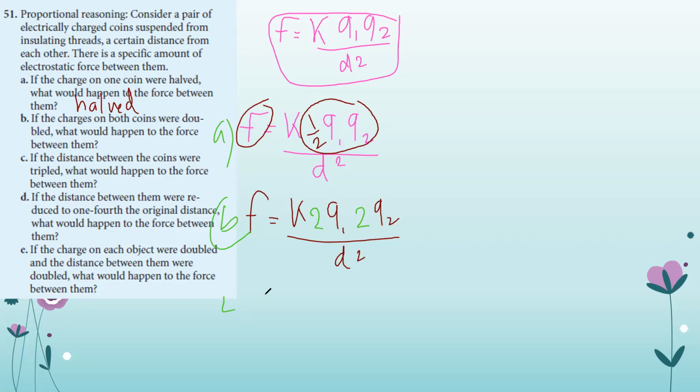It will be doubled also? It will be 4F. Yes, it will be quadrupled. Why? Because 2 times 2 is 4. So it will be 4 times the original force.